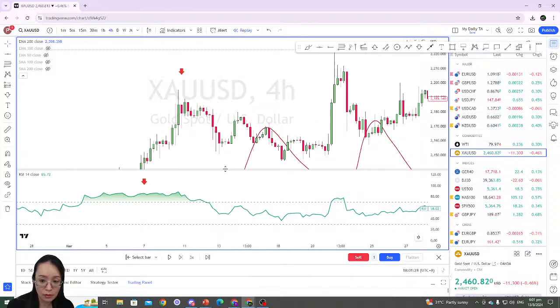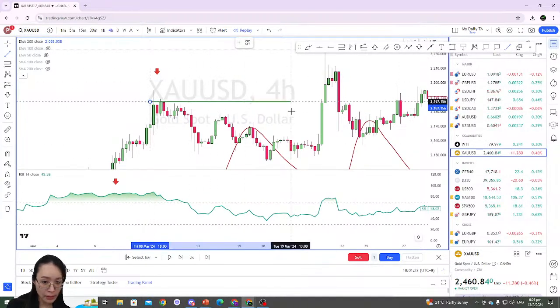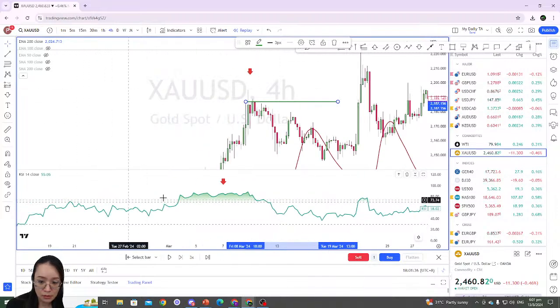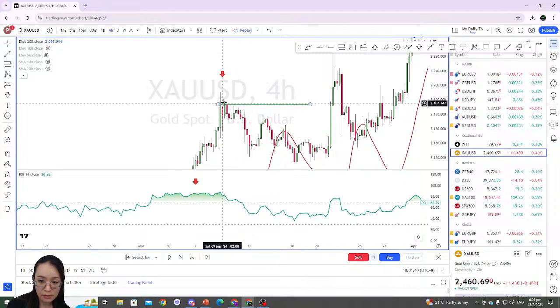Okay, zoom to see why we short here. Either you say this is our key resistance. In the H4 time frame, somehow price cannot break above this level, rejection. This is somehow like overbought. Okay, sell here, and after you sell, you hold, they make a lower low.